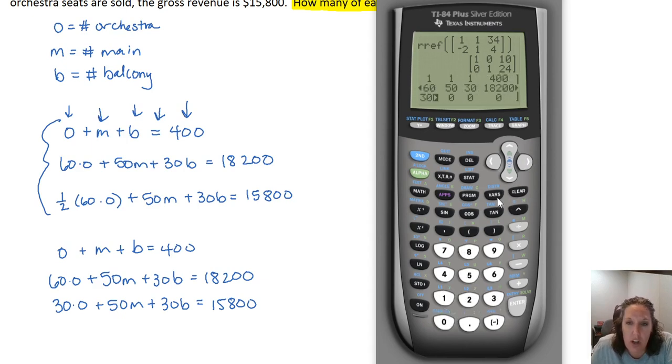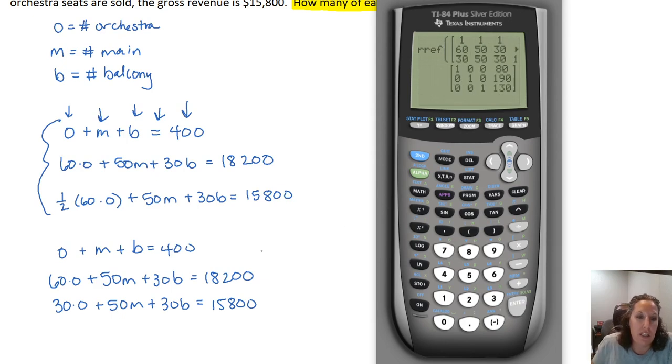And then $30 from our orchestra seats, $50 for our main, $30 for the balcony, and then 15,800 for our revenue.